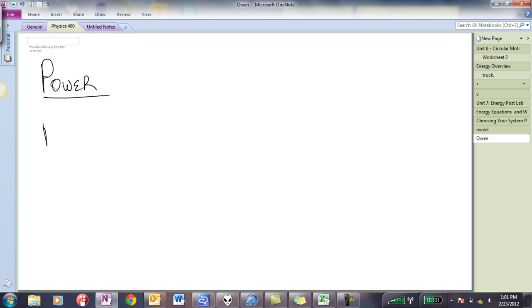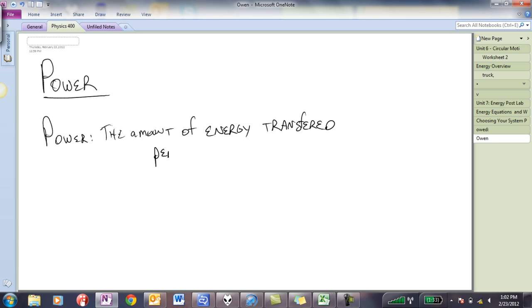The first thing to get out of it is the definition is this. Power, by definition, is going to be the amount of energy transferred per time.